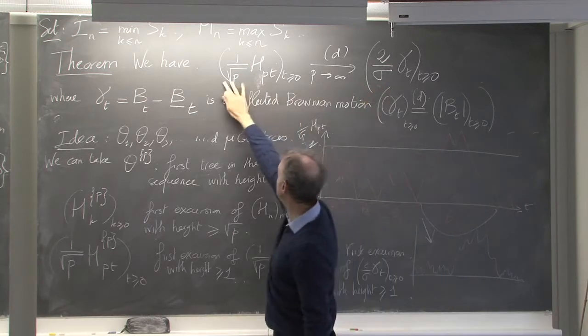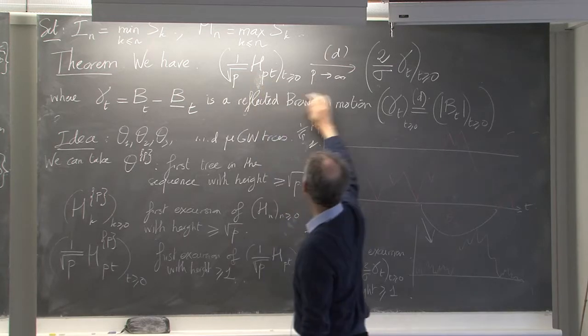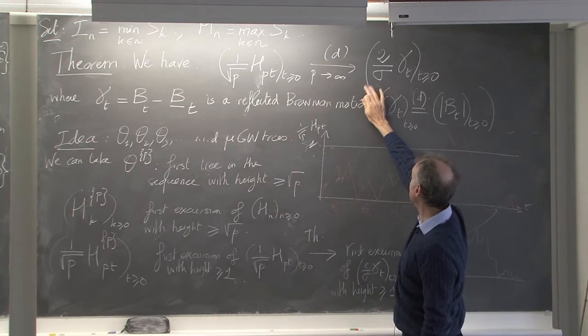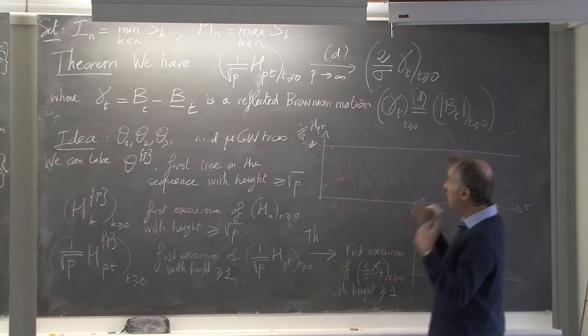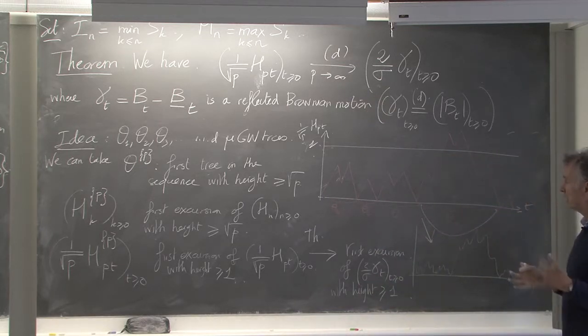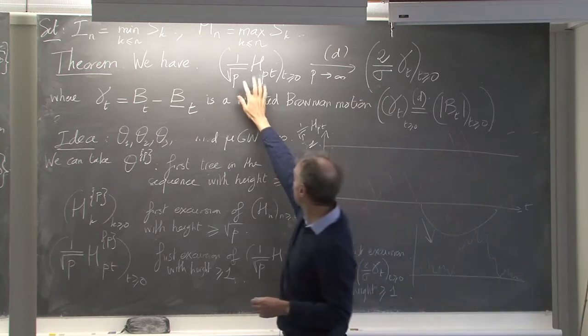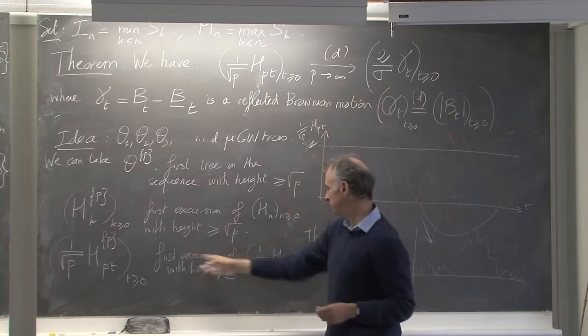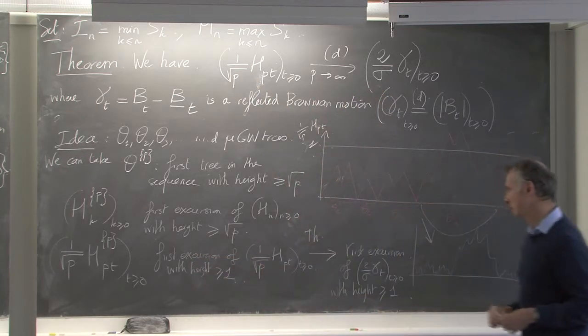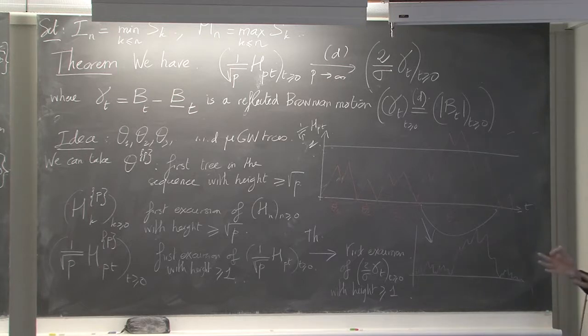If I take a good function of this, say a continuous function of this, it's going to converge to the same continuous function of the limit. This is what I would like to use, and the function I would apply to this or to this would be the first excursion with height greater than 1. But it's not a good function. It's not continuous with respect to the topology you have, and so you need to make something more.